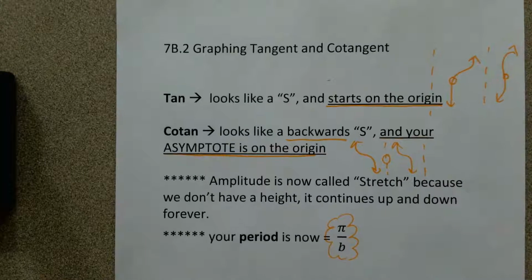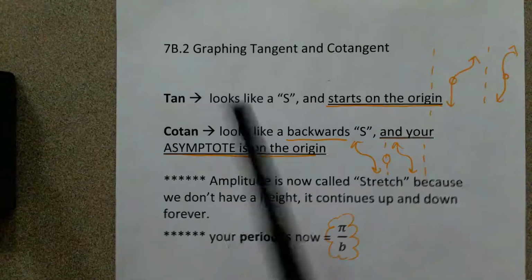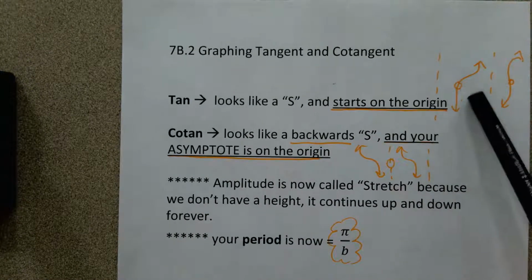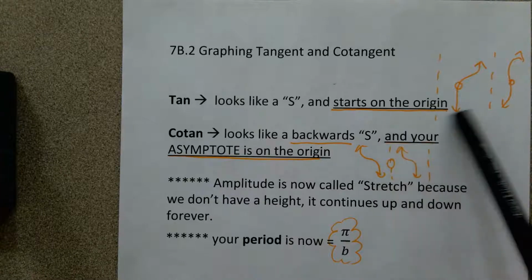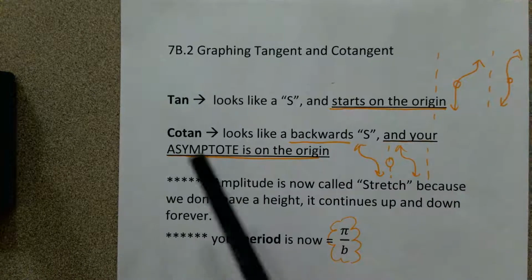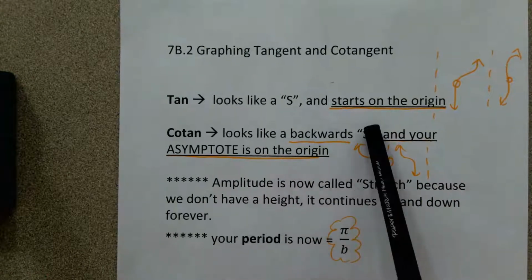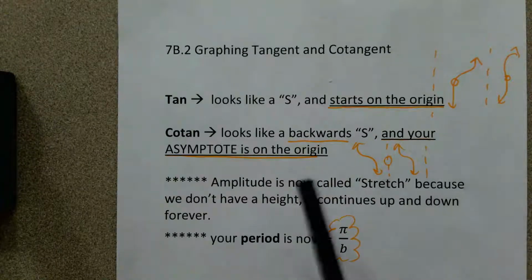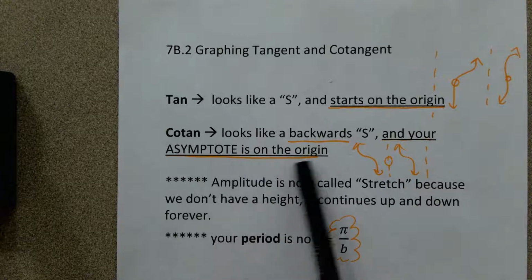Anyways, so some major things. Tangent is going to look like an S shape, kind of, and it starts on your origin. Cotangent looks like a backwards S, so flipped around, kind of mirrored, and your asymptote is what starts on the origin.